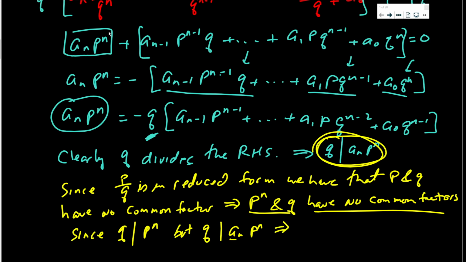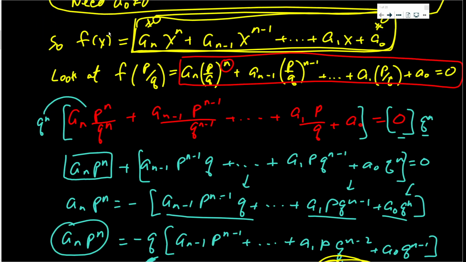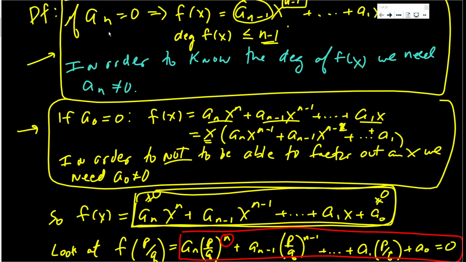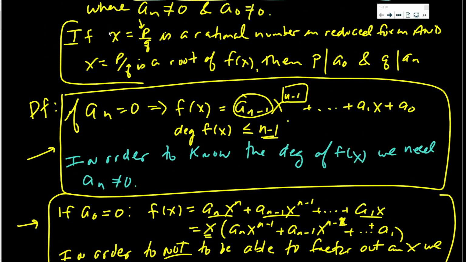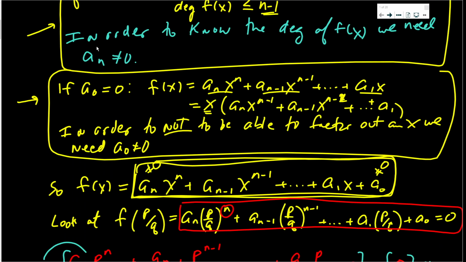Well, if q divides a product of two factors, but it doesn't divide the second factor, then q must divide the first factor. That implies that q divides a_n, which is really good because that's one of the two things that we wanted to prove. We wanted to prove that q divides a_n. And we got it.